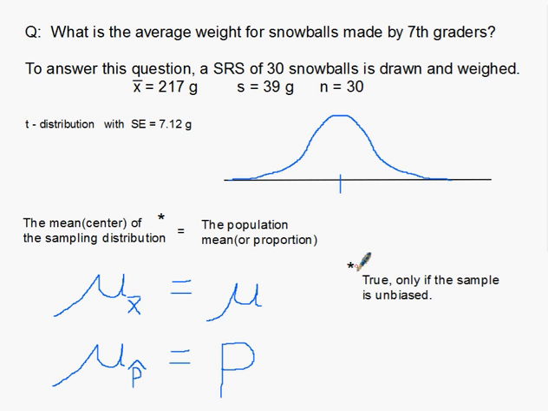So the mean or center of the sampling distribution equals the population mean, but that's true only if the sample is unbiased. This is a very important term. So let's actually figure out what unbiased means. We can use our snowball example.